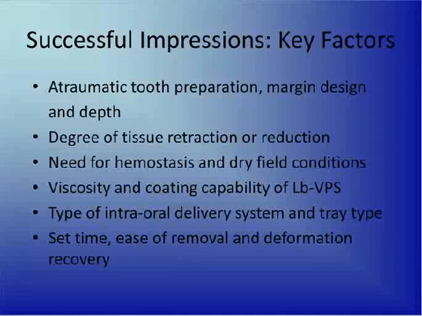One thing we want to keep in mind is the attributes of the VPS materials: the ability for good surface contact, the surfactant chemistry that goes into this for that material to coat the natural tooth structure, and the quick set. Because when we talk about the 90% of our workload, which is 1 or 2 units, we want something which sets up quickly and is easily removed. That certainly will cut down the time and the anxiety for the patient.